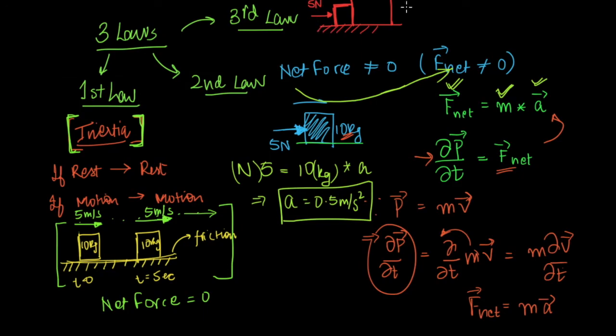So this would ensure that the entire combination of boxes would move, right? And that would also be because this box would be acting another force on this box by virtue of this interface. And similarly, by action-reaction force, the big box would be exerting the same force in the reverse direction on the smaller box. So that is the action-reaction force.